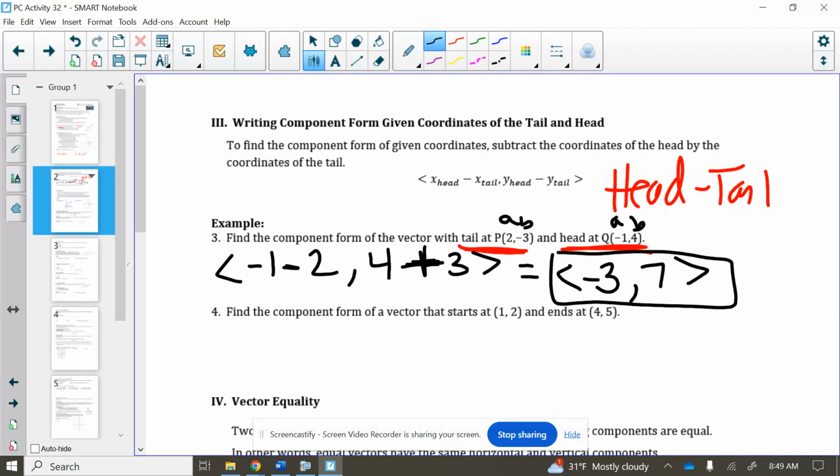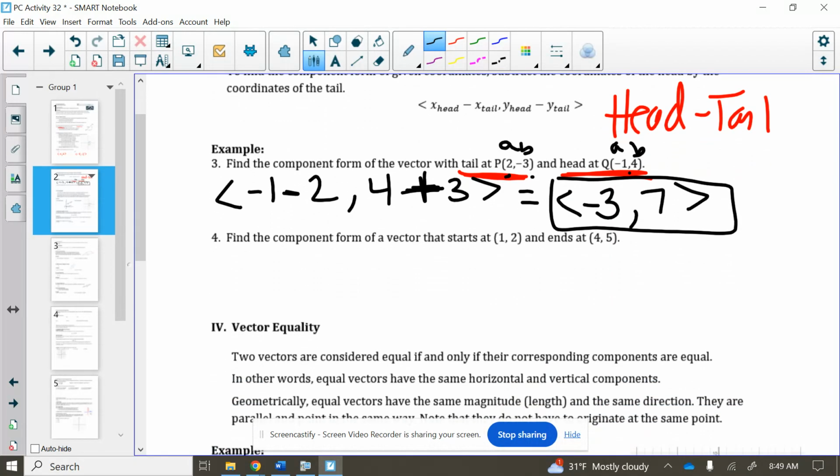And that makes sense, because if our point is starting at -1, 4 and moving to the right 2 and then, from 2 to -1, you'd be going left, and then to go from -3 up to 4, you'd be moving up 7. Now in this next one, it's not specifically listing head versus tail, but if you're starting at a point, that's going to be your tail value.